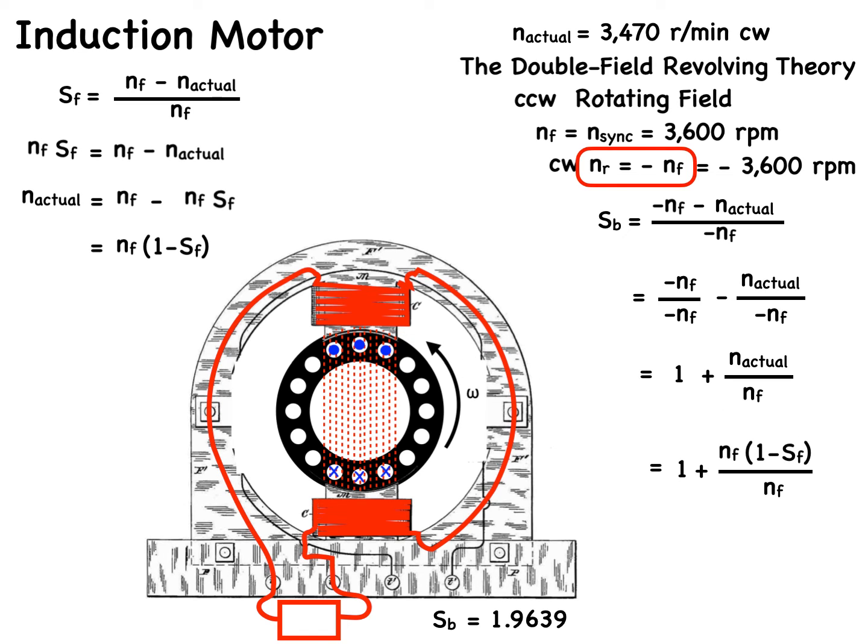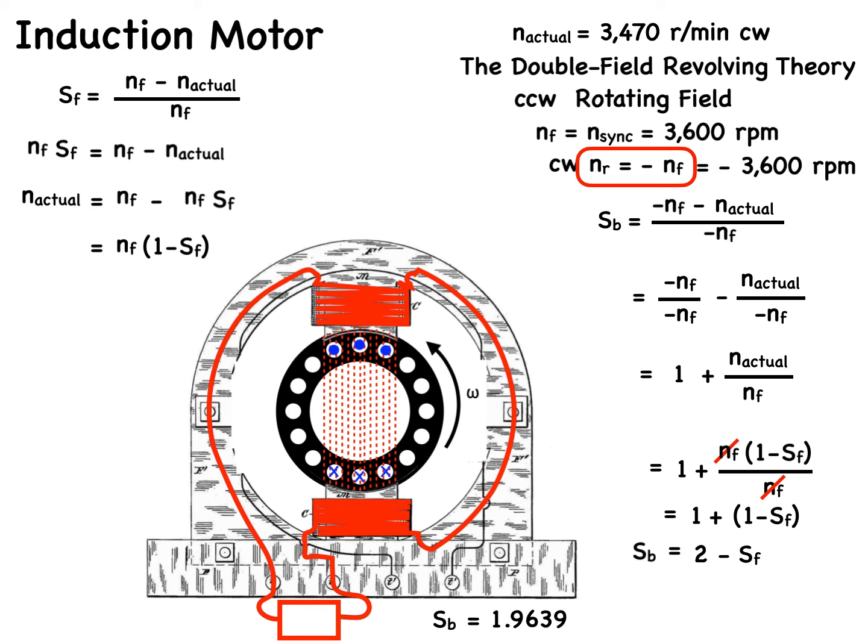Now, because NF is in the numerator and denominator of the right-hand fraction, we can cancel those values of NF out, leaving us with 1 plus the quantity 1 minus SF, which reduces to 2 minus SF.